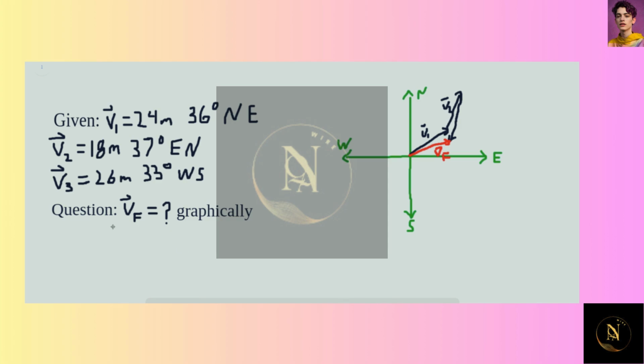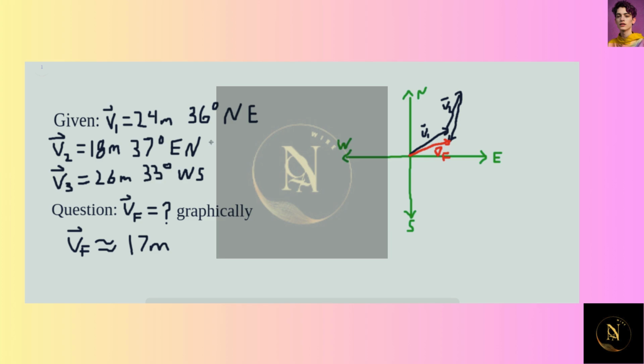So we'll write here that V sub f, distance-wise, graphically, is approximately 17 meters. Okay, and then if you look at the angle, the angle appears to be about roughly half or so, maybe a little bit more than half of V1.